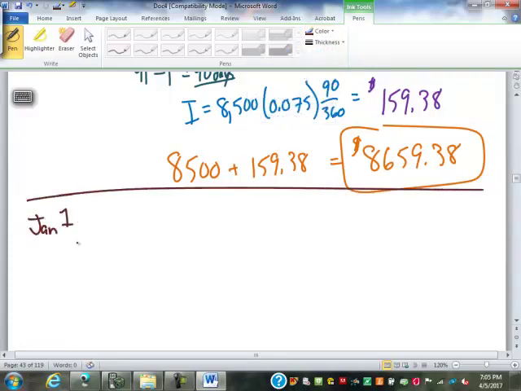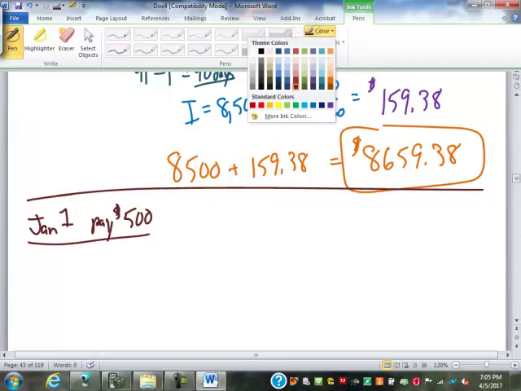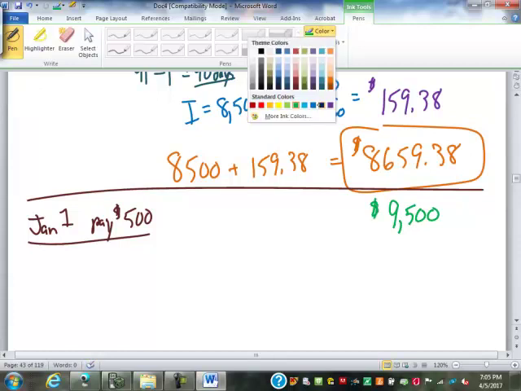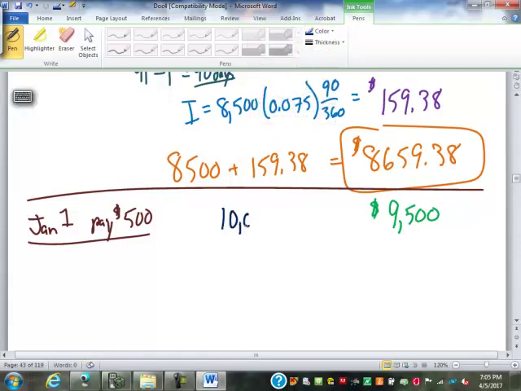So on January 1st, we paid $500. So the balance on January 1st was $10,000 minus $500, or $9,500.